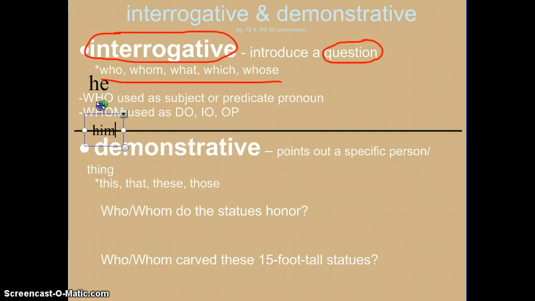Who can be used as a subject and predicate pronoun, like the subject pronouns we talked about on the first day, which also do the jobs of a subject and a predicate pronoun. And then whom is an object pronoun because it does the same jobs that object pronouns do.